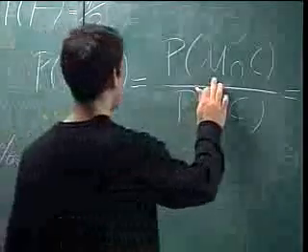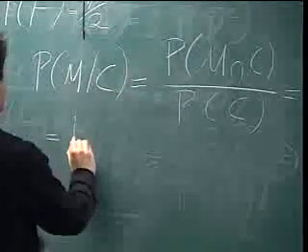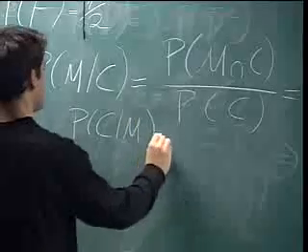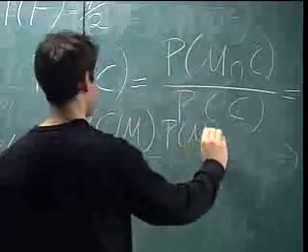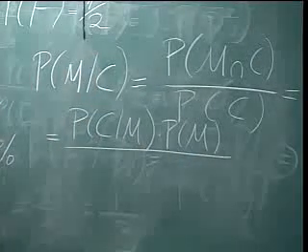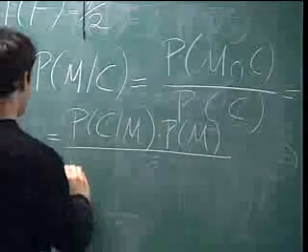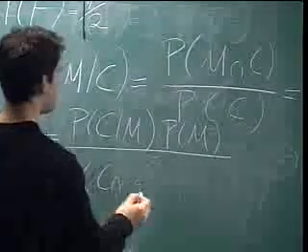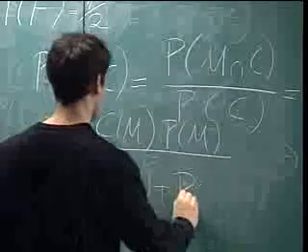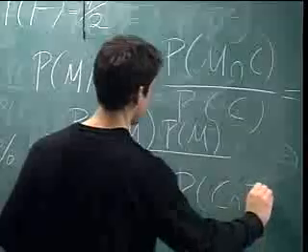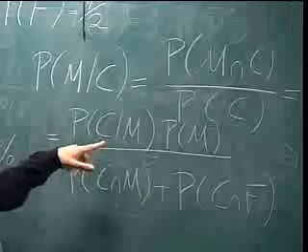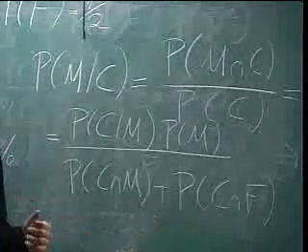Because we can rewrite this now as the probability of colorblind given male times the probability of someone being male. And similarly, we can write the probability of someone being colorblind as the sum of the probability of someone being colorblind and male plus the probability of someone being colorblind and female. And then do exactly the same thing that we did in the numerator to these two probabilities in the denominator.